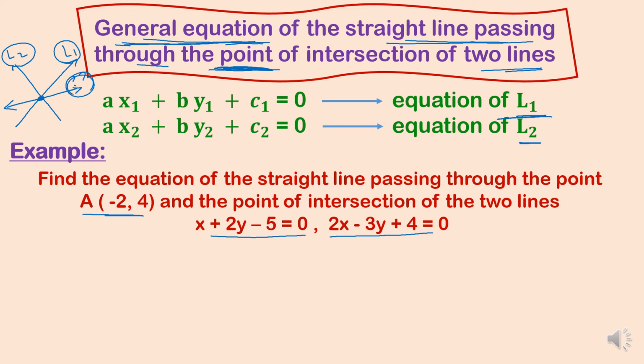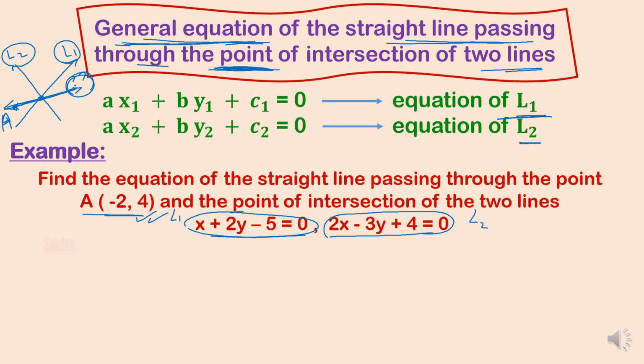The required is to find the equation of this line passing through the point A. The order pair of a point on the required line is given, which is called A, and the point of intersection of the two lines. This is the equation of L1, and this is the equation of L2.